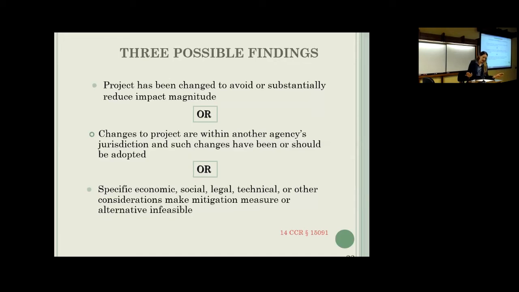If they've done that to the extent they can and the impacts are still significant, they need to then make findings that there are specific economic, social, legal, technical, or other considerations that make mitigation measures or alternatives infeasible. So if there is something that could be done to eliminate an impact, but they say, well, it's too expensive, that's where they would go with this finding.